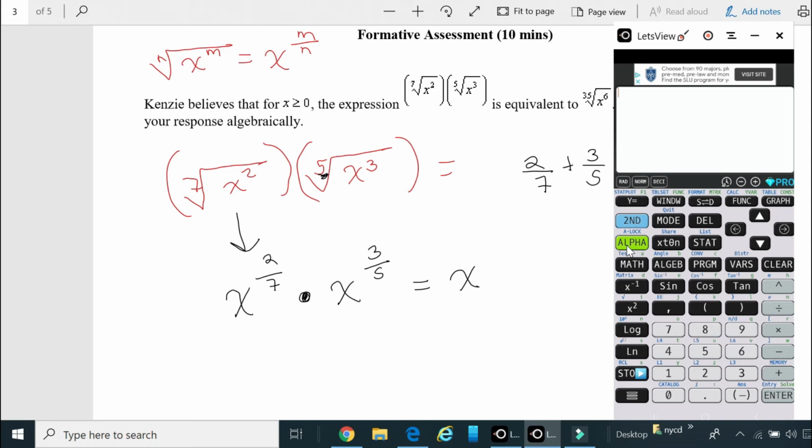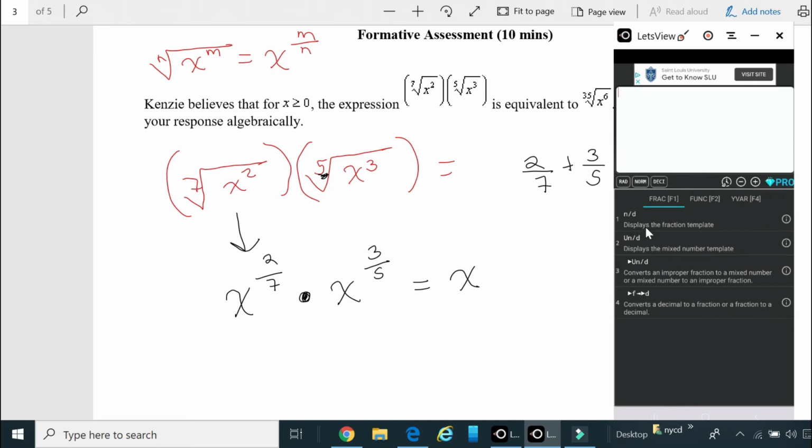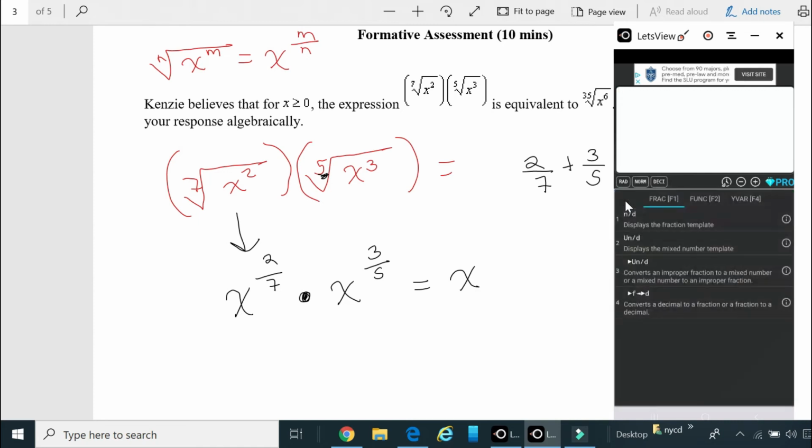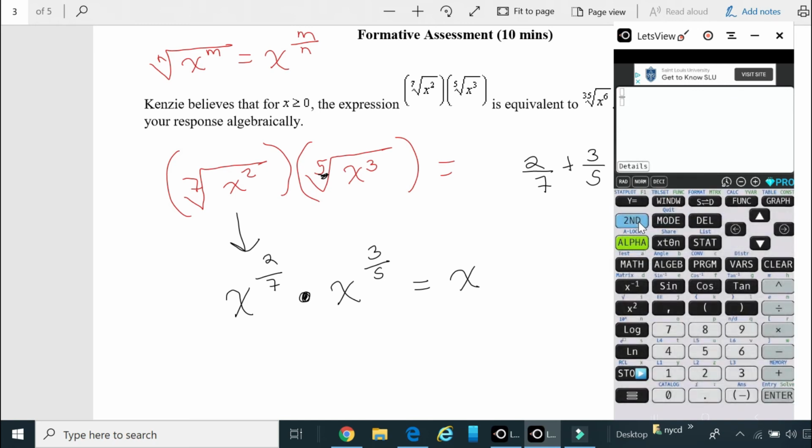So alpha, y equals, then you click on nd, so I get that mode right there.